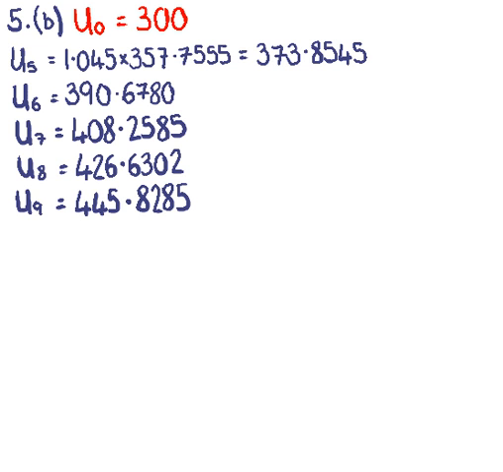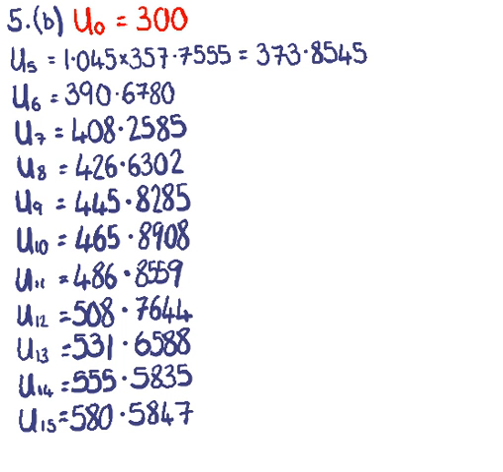U9 is 445.8285. So if we keep repeating this process, our investment amount keeps on increasing. When we get to U15, we have 580.5847. So we're getting quite close to doubling our investment now.